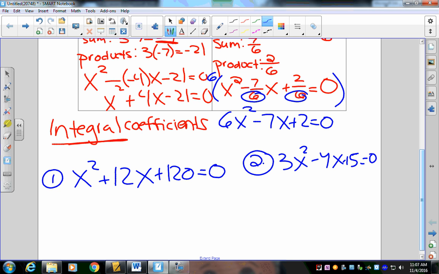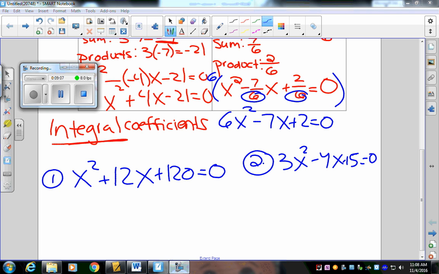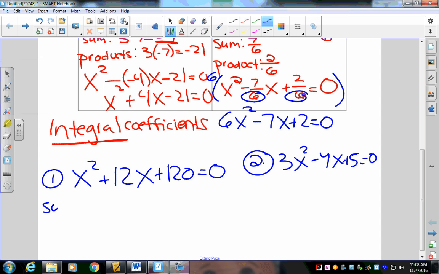If I give you the quadratic, you can work backwards and tell me what the sum and the products are. Remember, the sum is going to be negative b over a, and our product is c over a. This is the sum of the 2 solutions and the product of the 2 solutions.